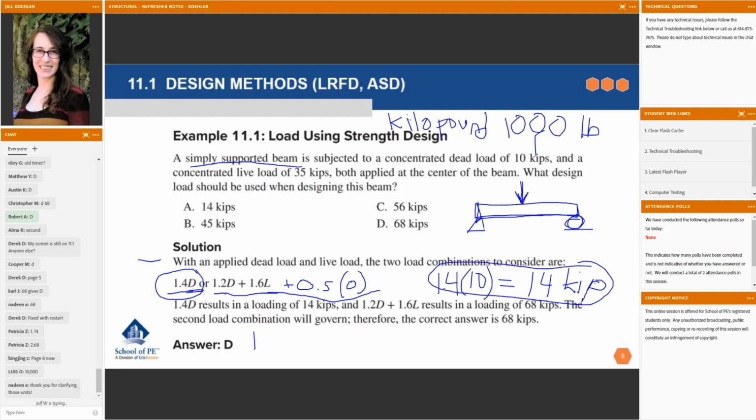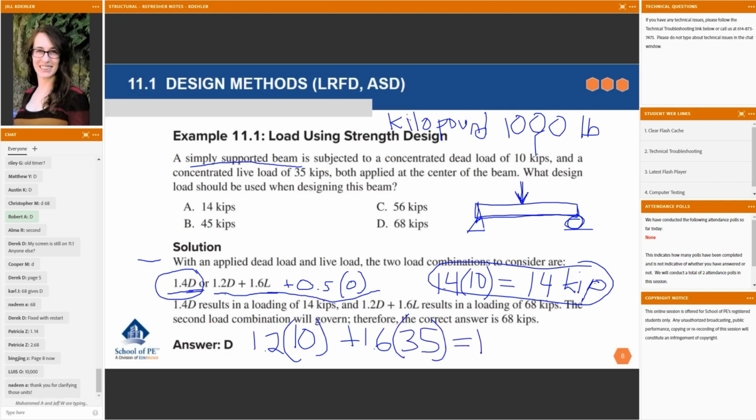So 1.2 times 10 plus 1.6 times 35 plus 0.5 times 0. So I'm not even going to write it.